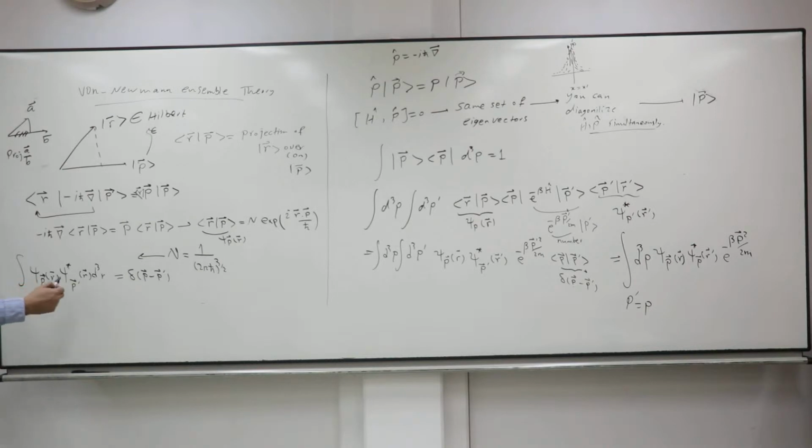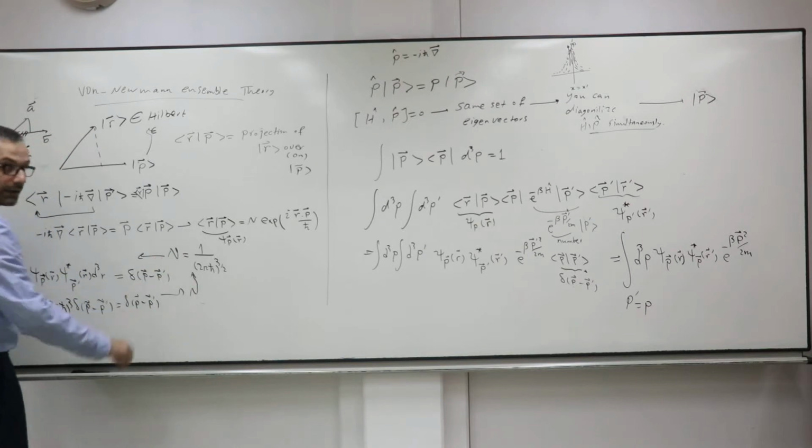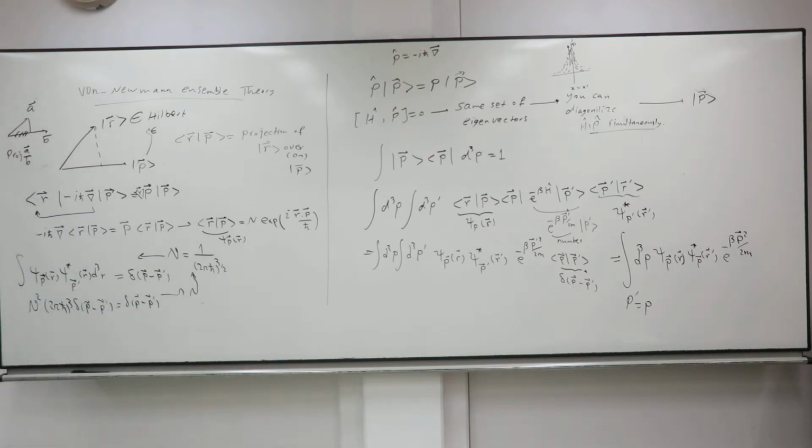And if you calculate it, on this side, because they are exponentials, just put it here, and you will get n squared 2 pi h bar to the power 3 delta of p minus p prime. And on this side, you have p minus p prime. So from here, you can find the n.